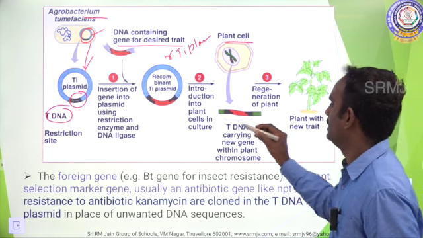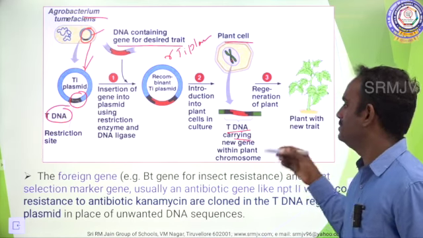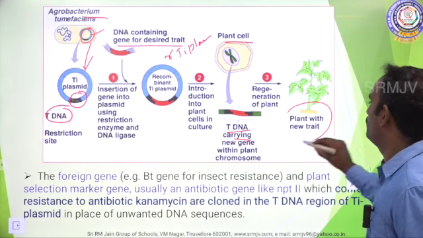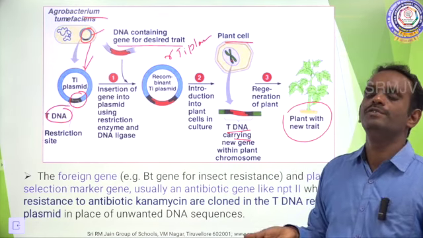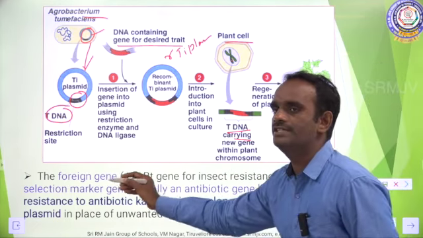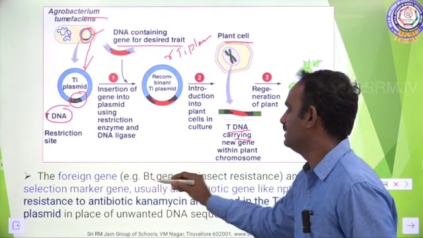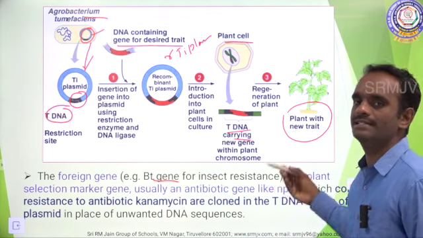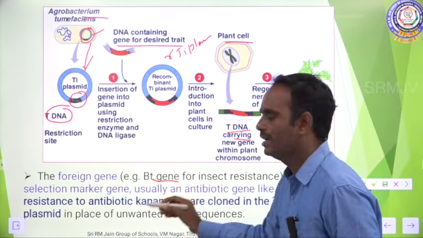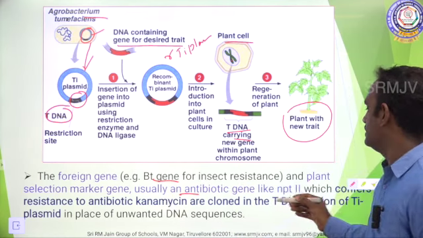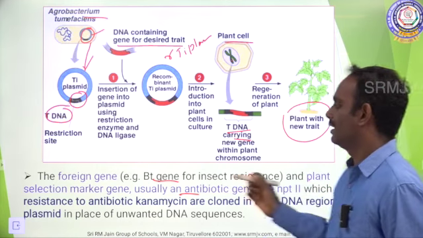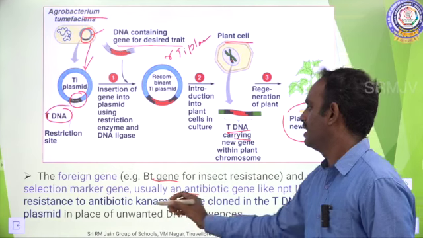After that, the tDNA carrying the new gene integrates within the plant chromosome, then regeneration of the plant and formation of the new character takes place. Okay. Next, the foreign gene, for example the Bt gene for insect resistance, and a plant selection marker gene, usually an antibiotic gene like NPT2, which confers resistance to the antibiotic kanamycin.